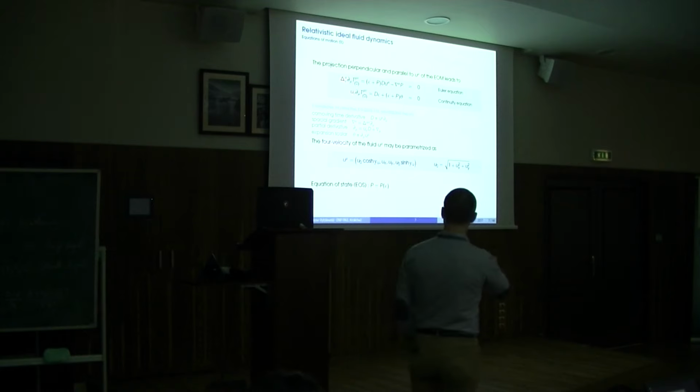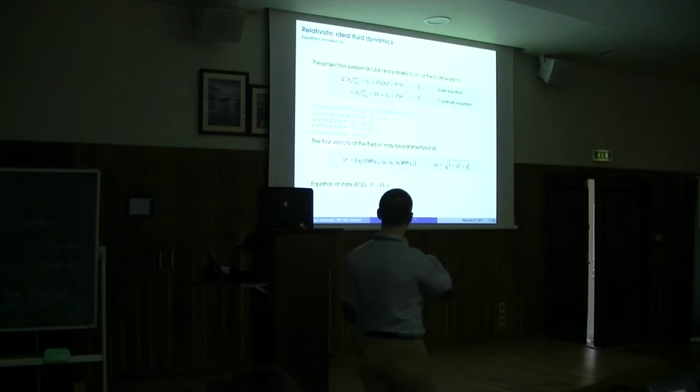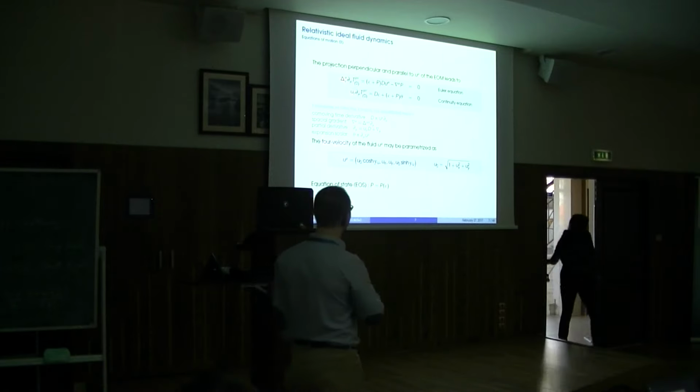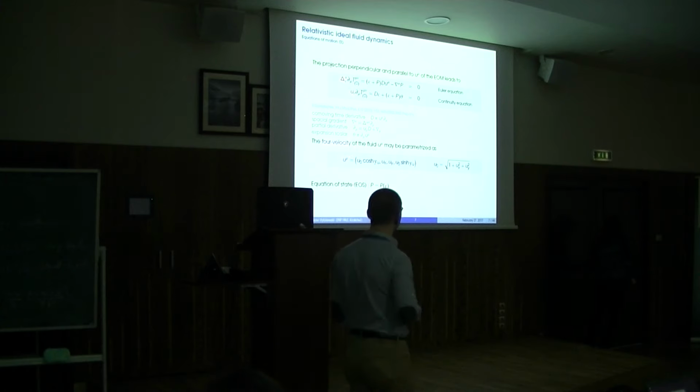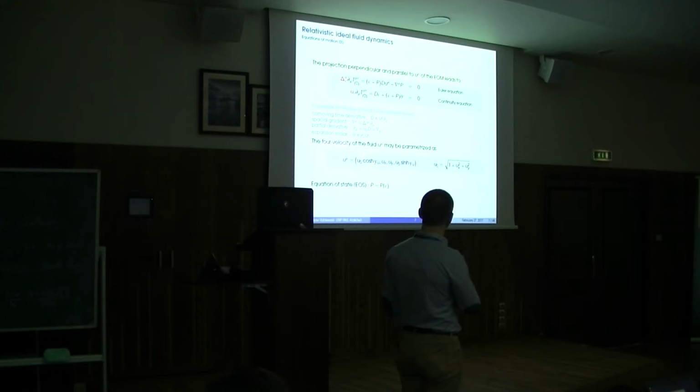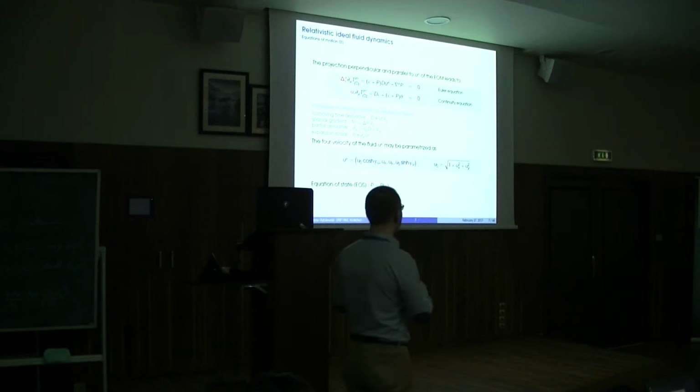The last thing is that you usually have to parameterize the four-velocity which enters this equation, and you parameterize it in such a way that you impose the form which involves the rapidity of the fluid.